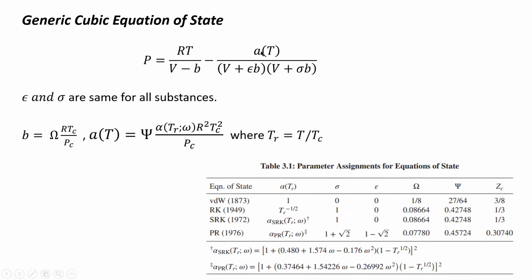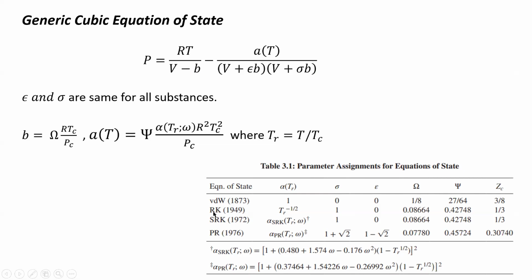Here, a is the only thing which is dependent on the temperature. These epsilon and sigma are the same for all substances, and they change depending on the particular equation of state. For example, we have different equations, like this is Van der Waals, given in 1873.